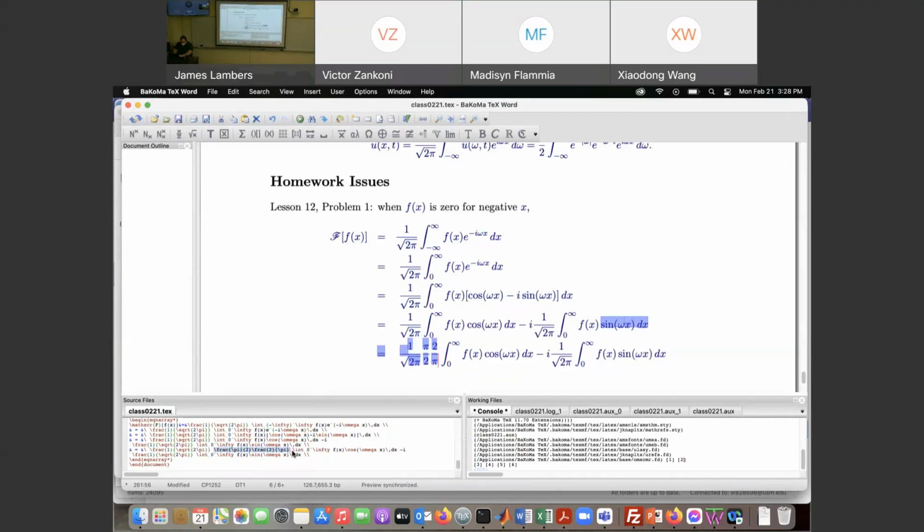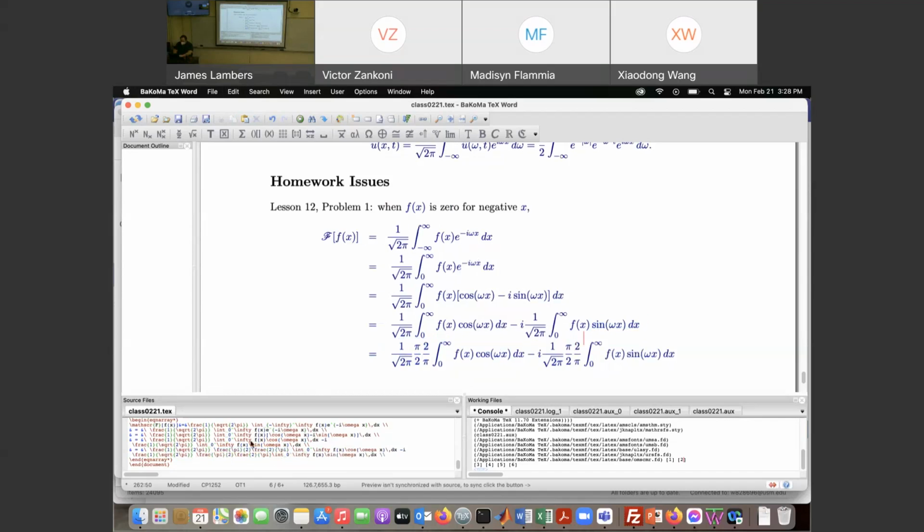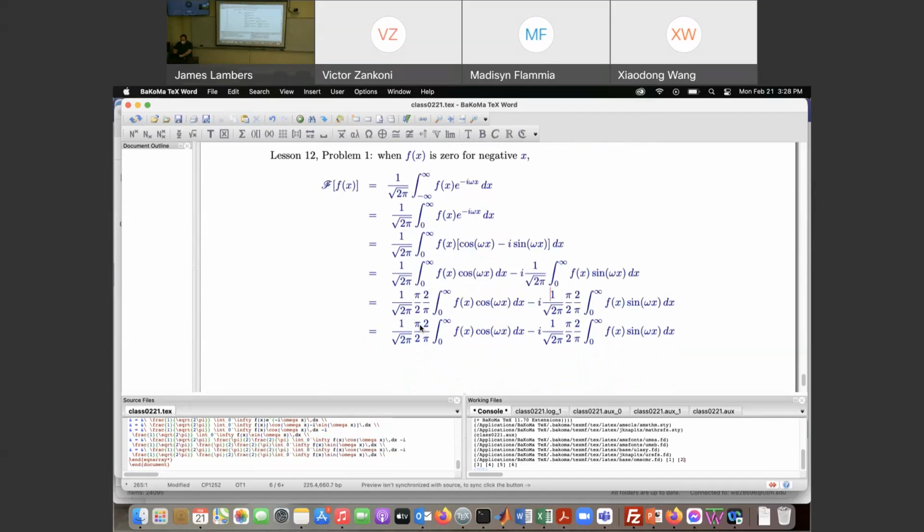So that was a situation where I don't have what I need in the equation, so I just put it there, as long as I appropriately compensate for it, so it cuts down on mistakes. Okay, now let's simplify this a little bit. So we have pi and up top square root of 2 pi down below.